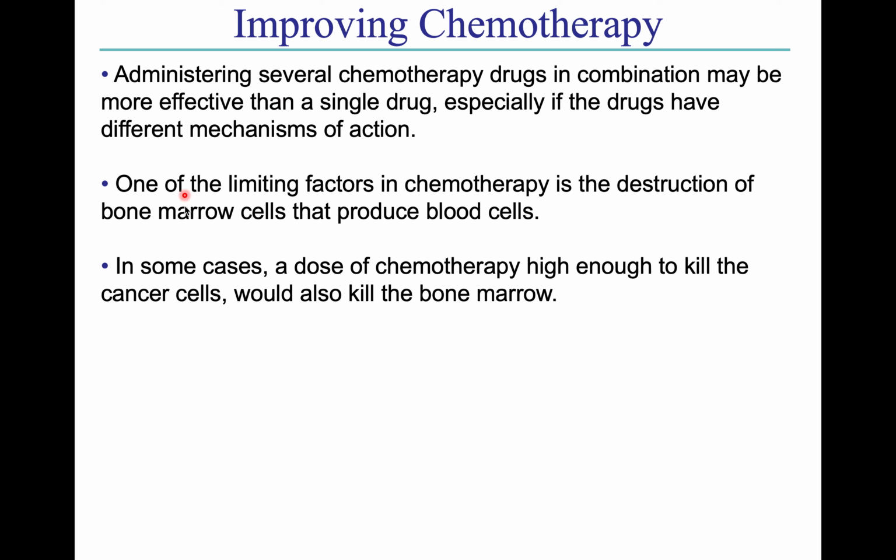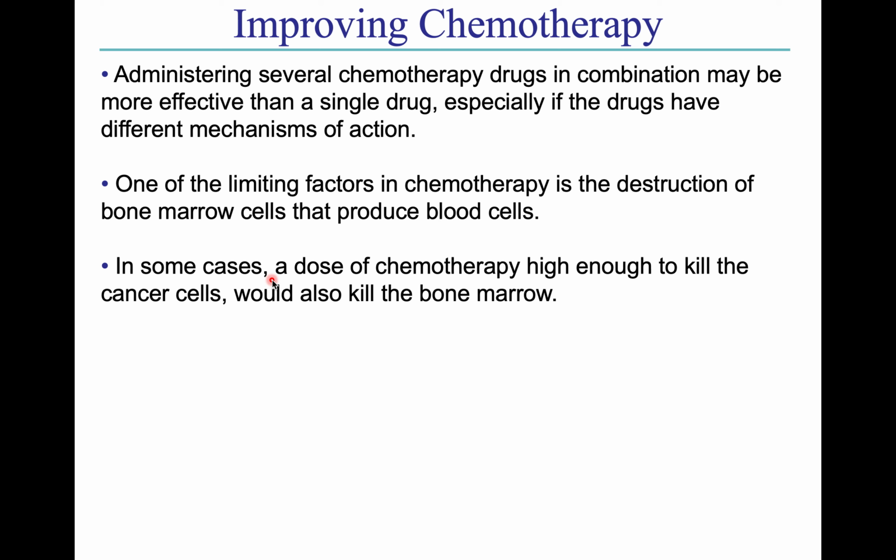Another limiting factor traditionally in terms of chemotherapy was the fact that if you treated with these agents that were causing death of dividing cells at a high enough dose, you would actually kill the dividing bone marrow cells, the ones that are producing new blood cells and immune cells, and you would leave the patient basically totally immunodepleted. And this approach is still used in some cases because it was realized, well, we could, if necessary, actually go ahead and do that.